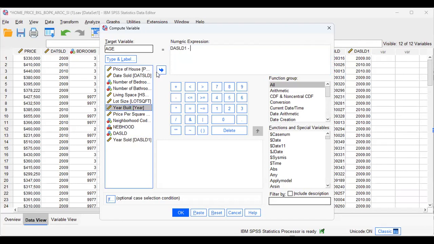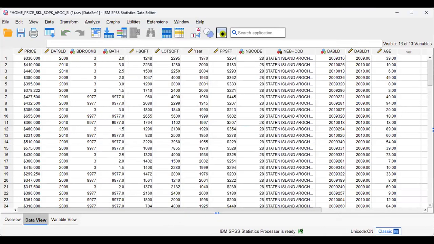See that? Very simple. So I go through a transformation and I say okay. And so I have age. Get it? Okay.